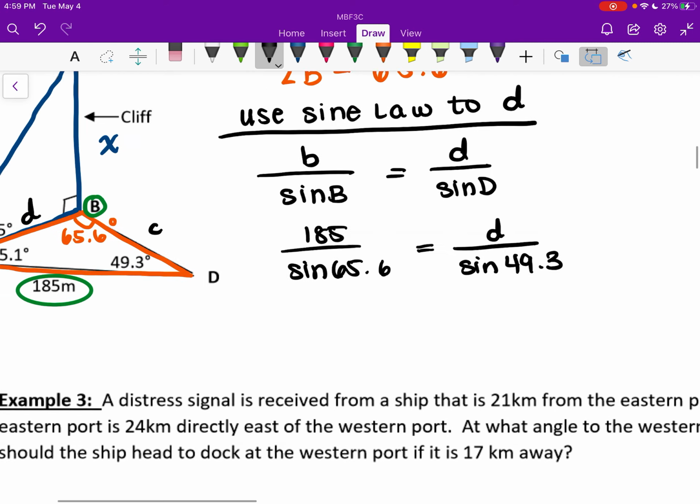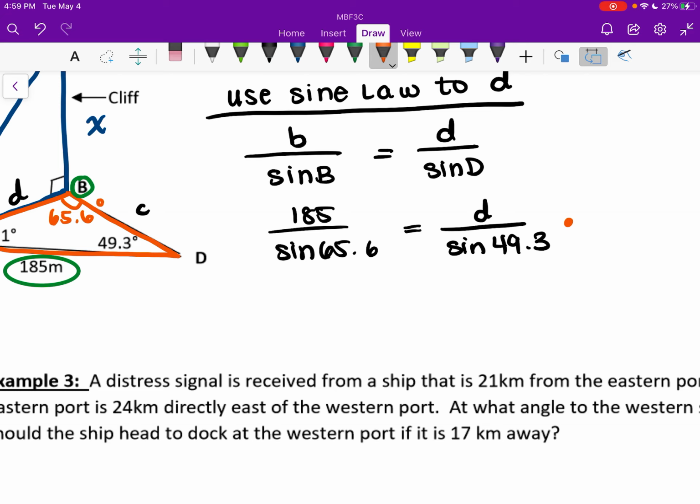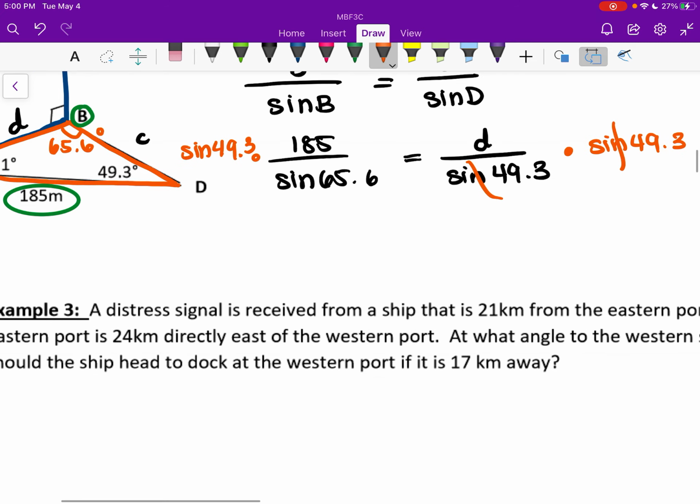Right? I'm just going to get rid of this sine 49.3. So I'm going to say, okay, sine 49.3, multiply it on both sides just to cancel it on that one. So I crossed it out over here, and then I'm just going to do the math here.